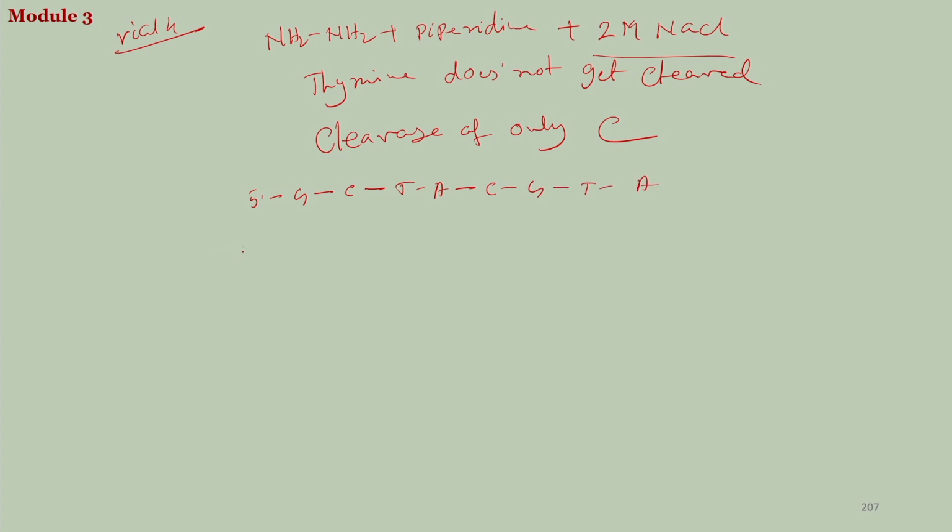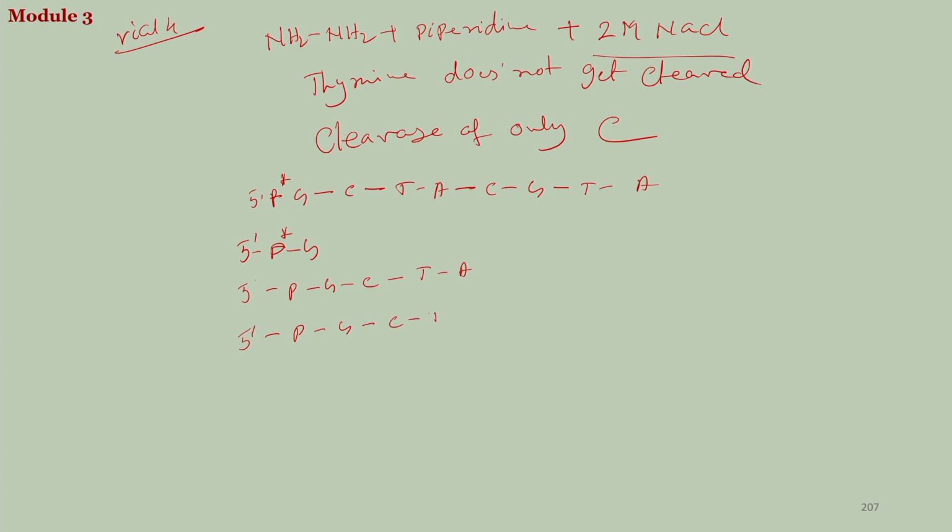What are the fragments? If it cleaves only the C, P starts with P. Here is a phosphate. It is important actually, because we have to count. P, G, C, T, A, C would be cleaved.